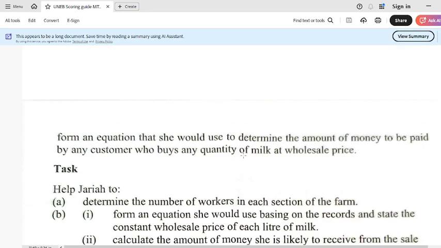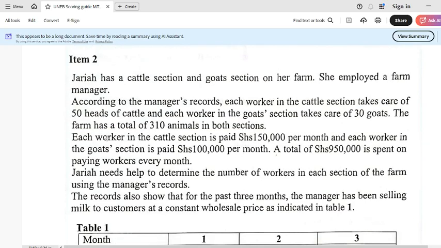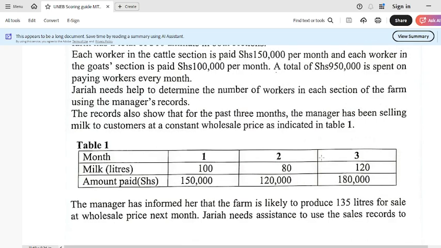What about the issues related to the employees, the salary of the workers? Each worker in the cattle section is paid 150,000 shillings per month. That is one worker. Then another worker in the goat section is paid 100,000 shillings per month. That's in the goat section. The total amount of money paid to all workers in both sections every month equals 950,000 shillings.